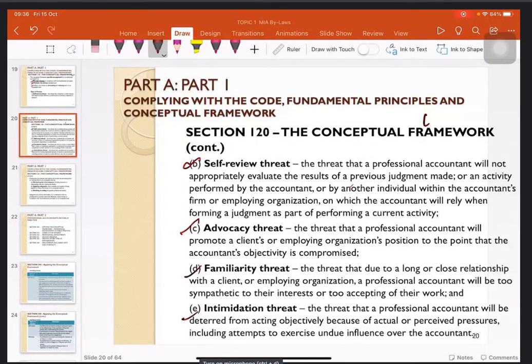So sometimes dia bagi soalan dalam case tu it can be more than one threat. Tetapi you cuba dapatkan the closest threat relate dengan that case.